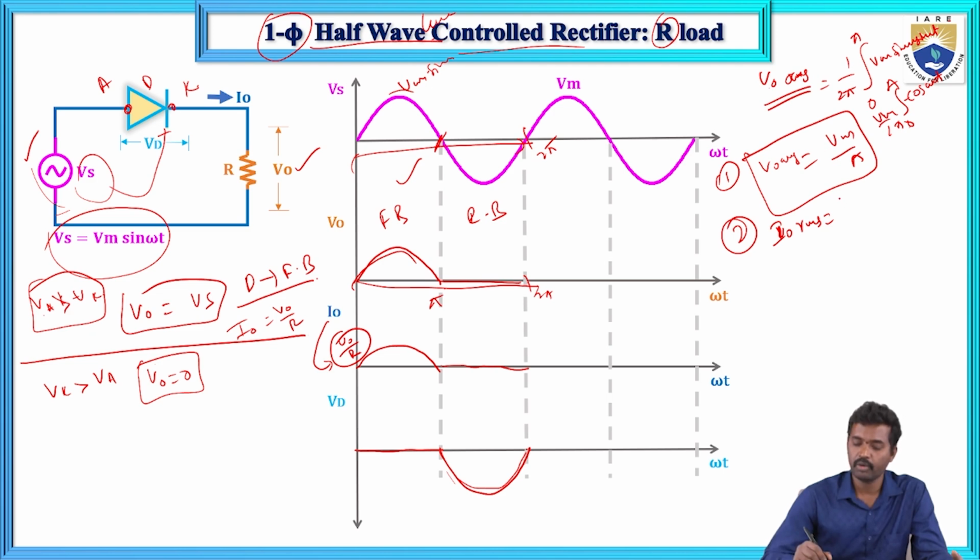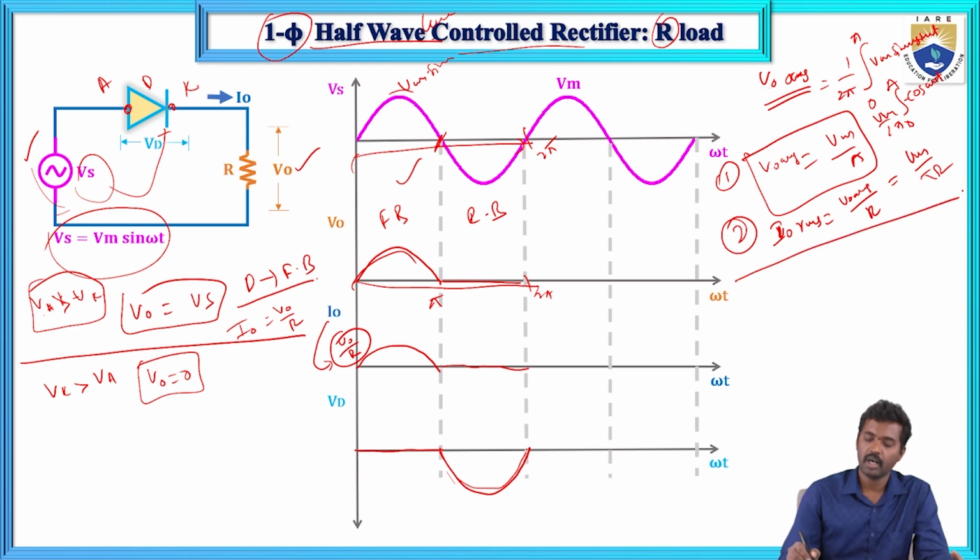So V0 average divided by R equals Vm by pi R. So this is the average value of the output voltage for 0 to pi.